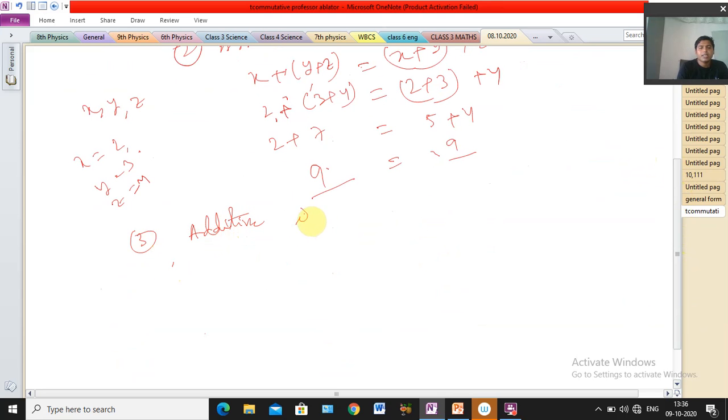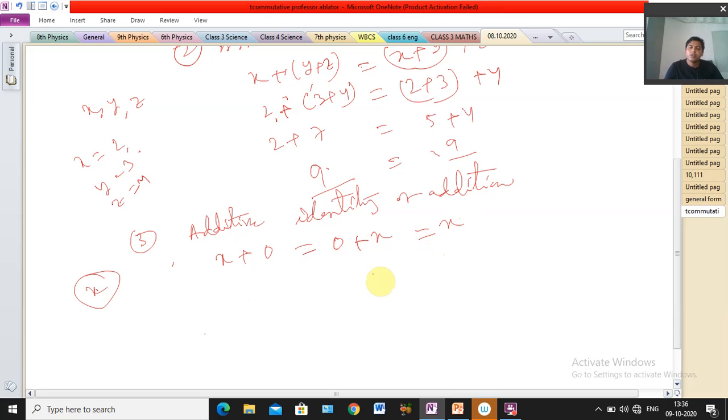Additive identity. Additive identity of addition. Suppose we take one variable x, and the additive identity is 0. If we add 0 with x, what do we get? 0 plus x equals x.